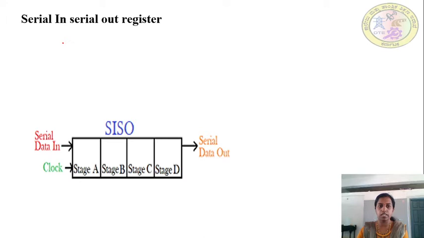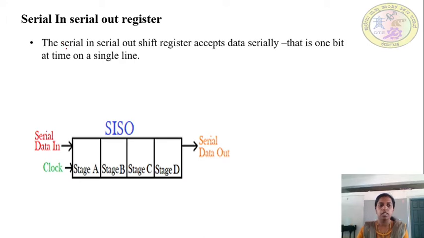So what is a SISO register? The serial in, serial out shift register accepts the data serially, that is one bit at a time on a single line, and produces the data serially. It shifts the data one bit after the other on every stage.